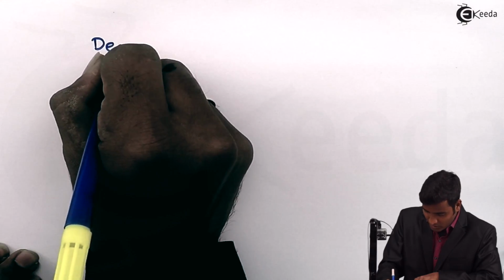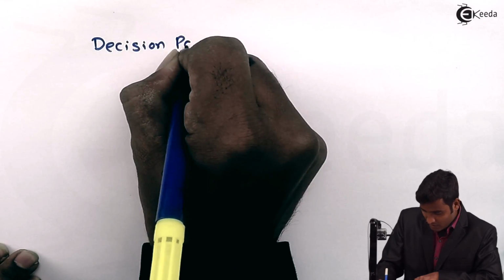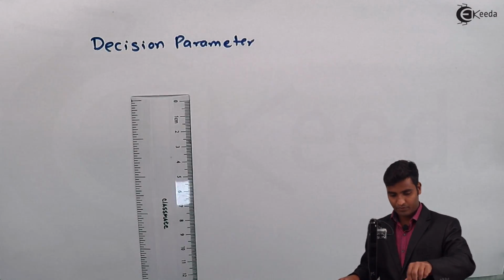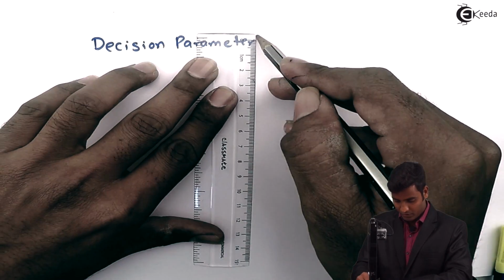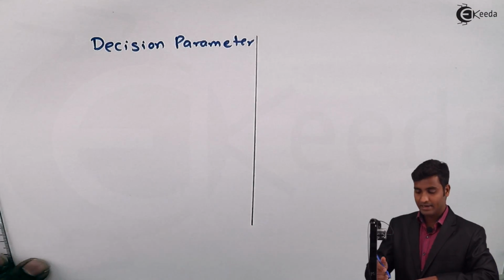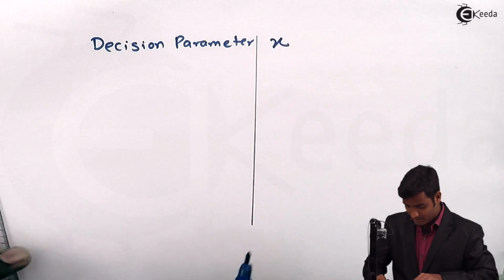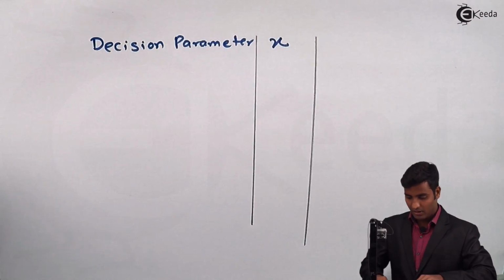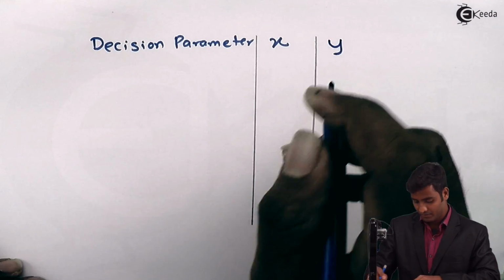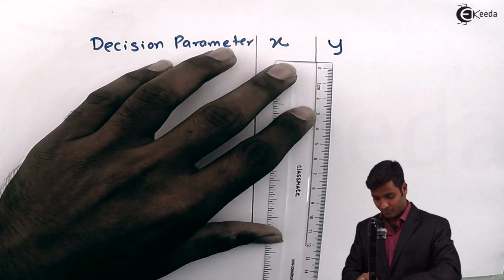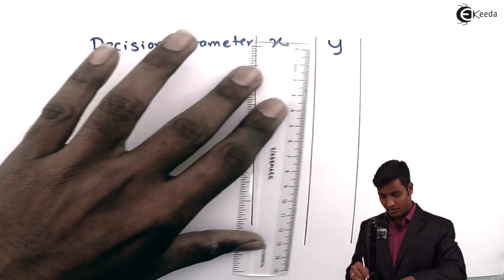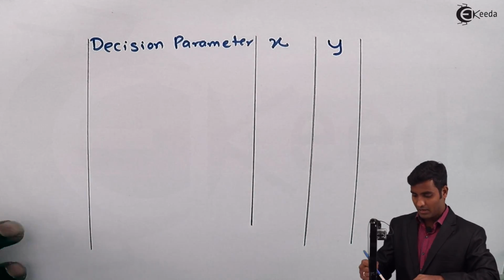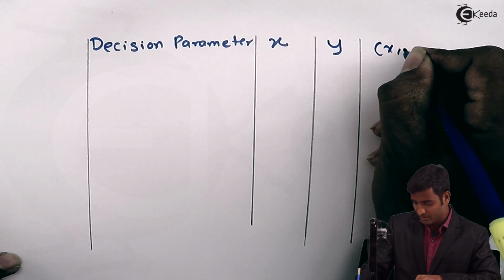So the next step, first is the decision parameter. And in the next column I will write x, and in the next column I will write y, and the next column is both x and y coordinate.